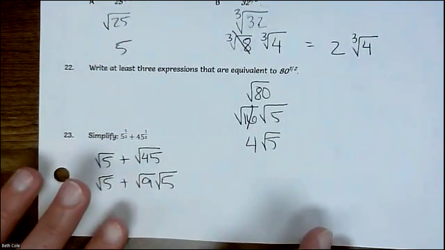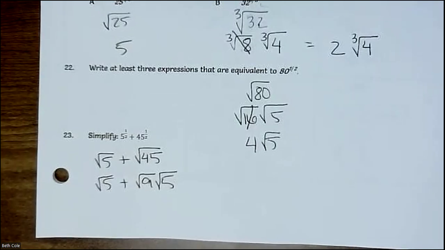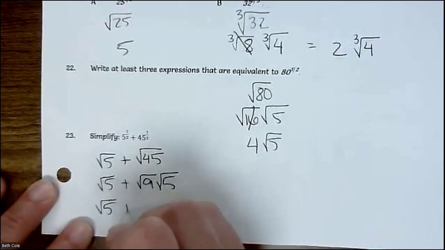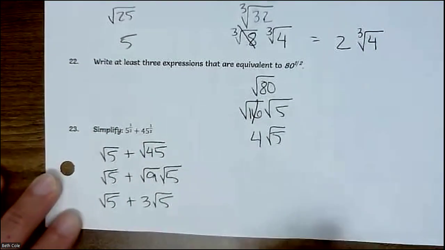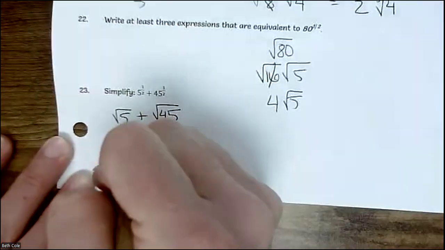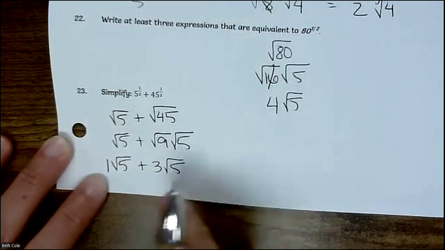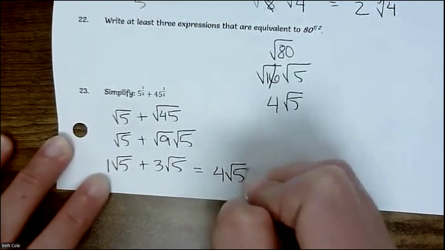Very good. And then what is your square root of 9? 3. Very good job being quick. I appreciate you. So it's square root of 5 plus 3 square root of 5. Now you can add them together. Now this is really 1 plus 3 is 4.